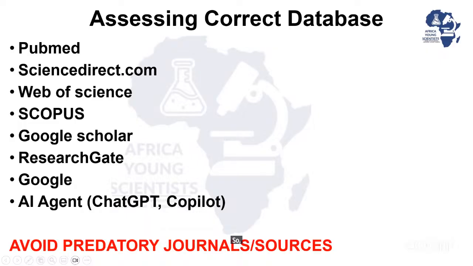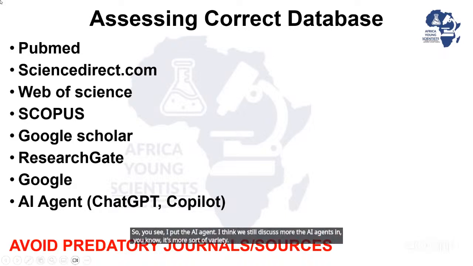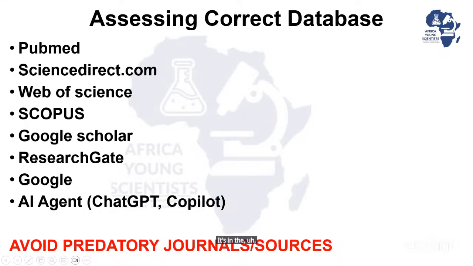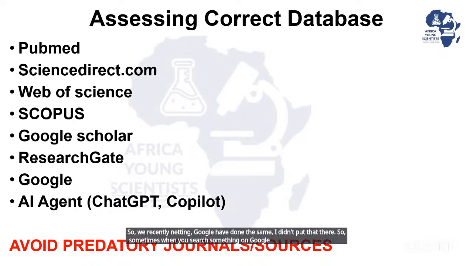So you see, I put the AI agent. I think we'll still discuss more on AI agents in the later part of this slide. Recently, I think Google has done the same. I didn't put that there. Sometimes when you search something on Google, it will give you the AI summary on top before going to the details of different web links.